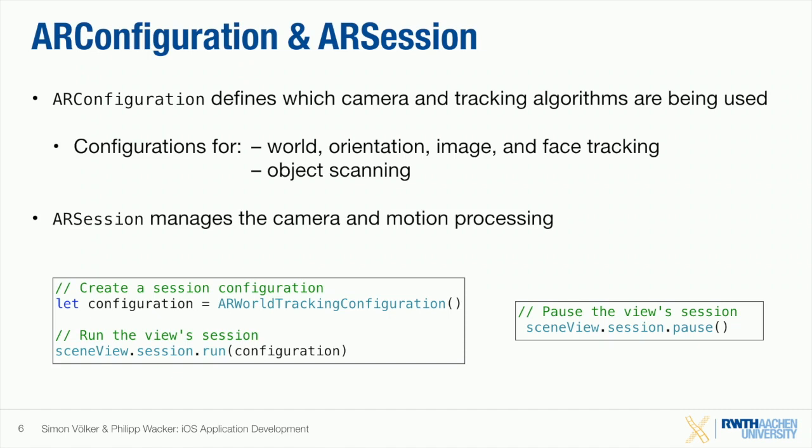And you see here, the session is attached to a scene view object. I won't go into details about SceneKit or SpriteKit or other elements there, because we also have a talk about SceneKit. But for the rendering that you're doing, you have the choice of different rendering technologies.